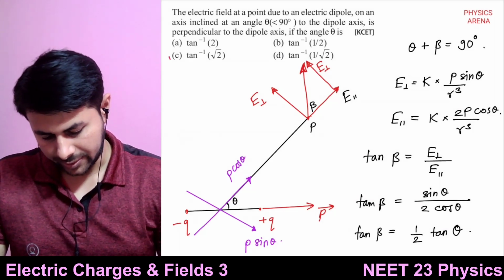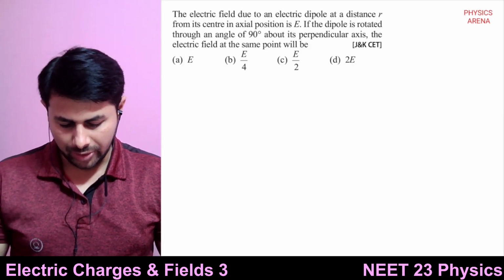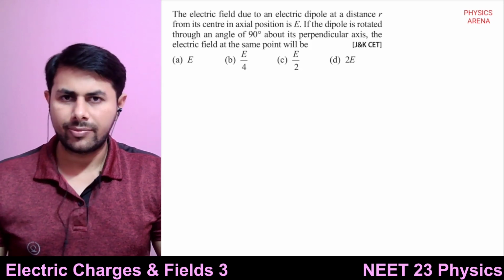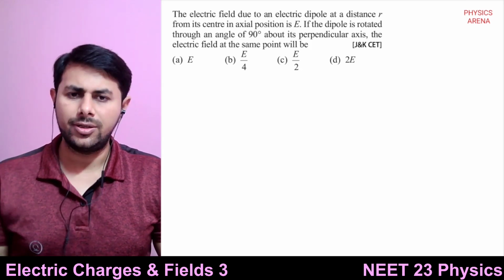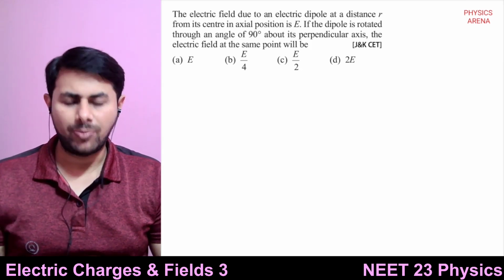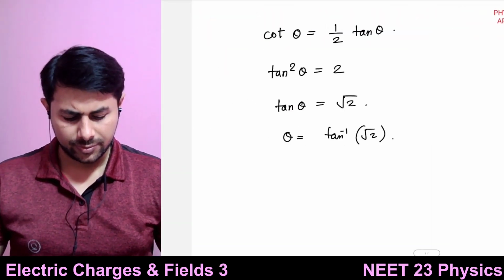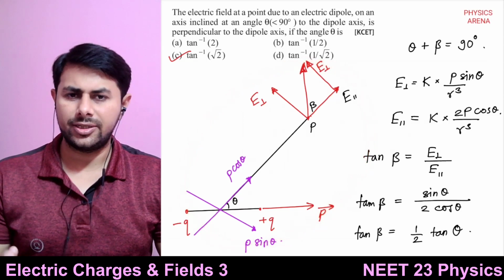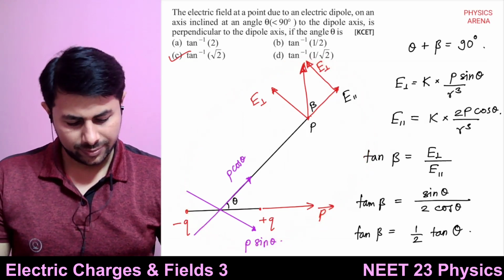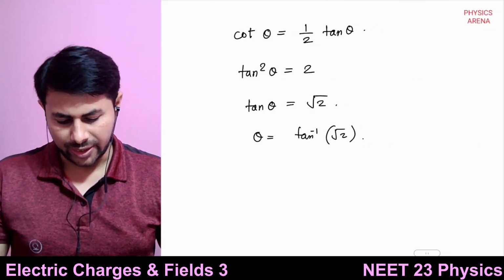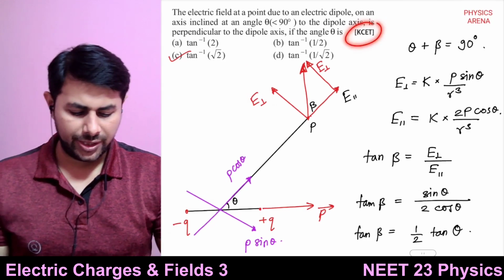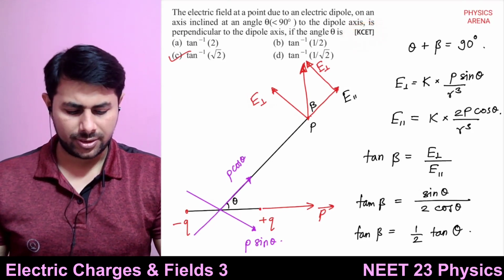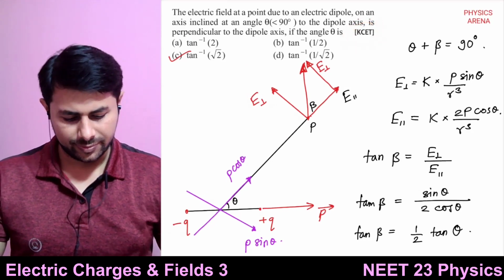It's option C. See, most of the questions are simple. Okay, most of the questions based upon the electric dipole are simple. There are some questions like this which are a little bit tricky. Okay, but once in a while. And it is not from NEET. Actually, in NEET, there were 3-4 questions only.